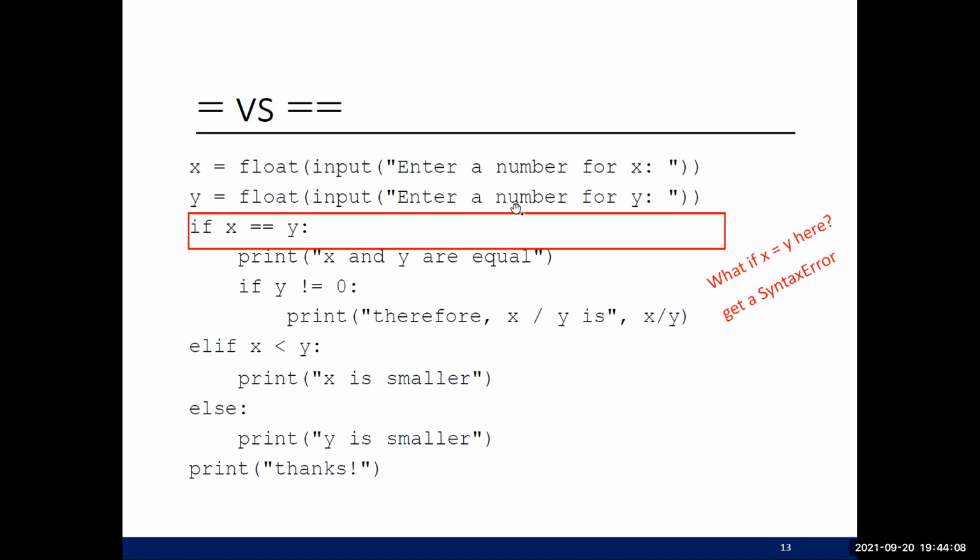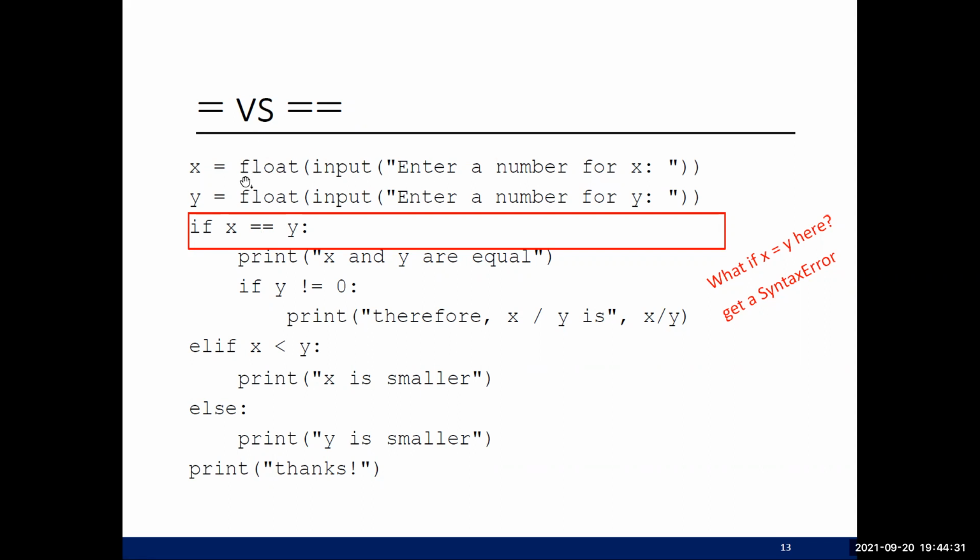Y is equal to a float input that we will enter using a keyboard. Now, if X equal equal Y, then print X and Y are equal, the same thing. So the double equal has only one answer, either true or false.